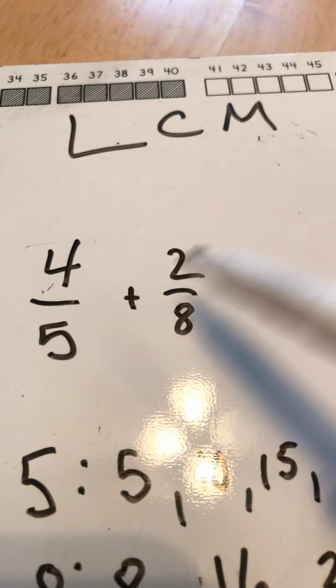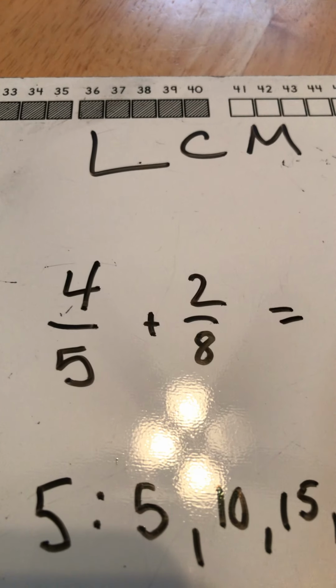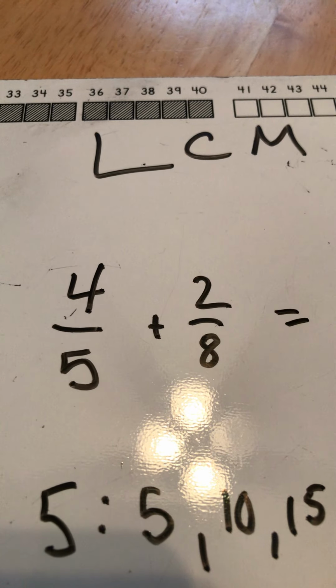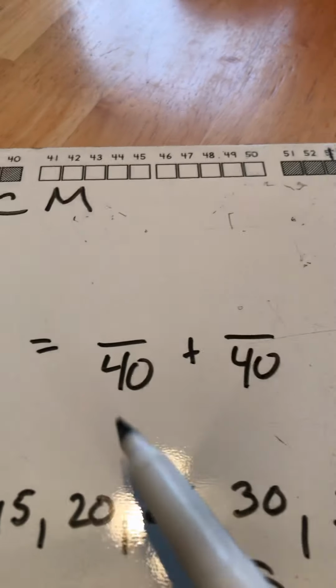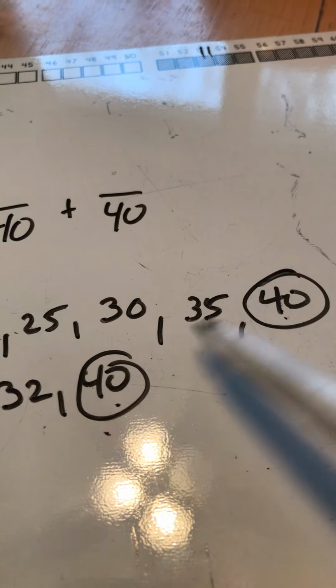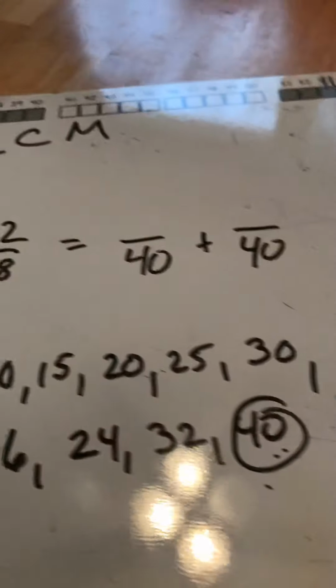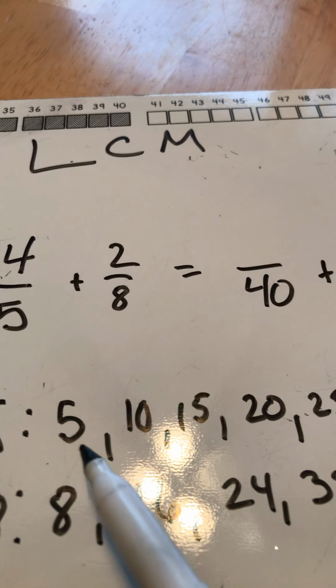So we have 4/5 and 2/8, and what we need to do is turn both of these into something over 40. That's that least common multiple that we just worked out. So remember what we did. Least meaning smallest, common means what do they share.